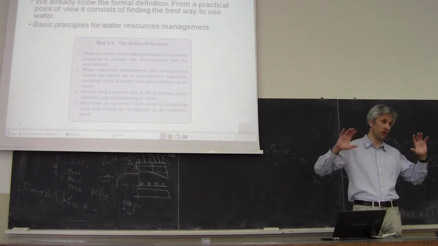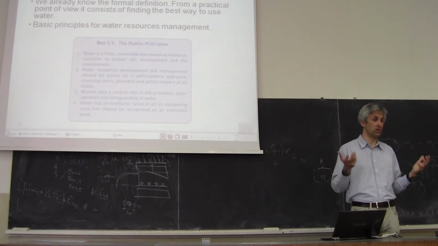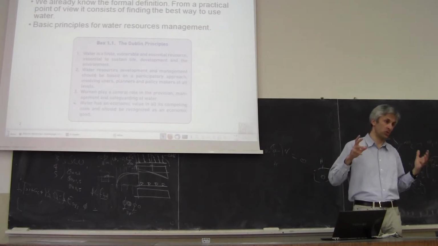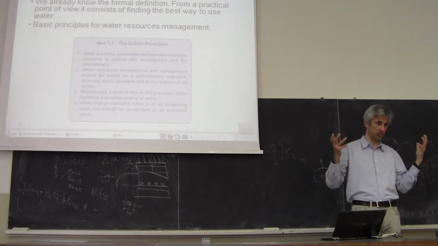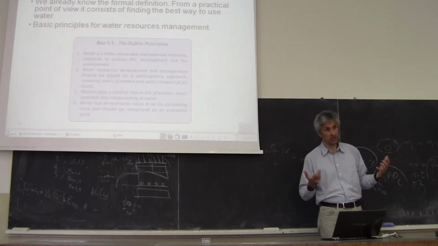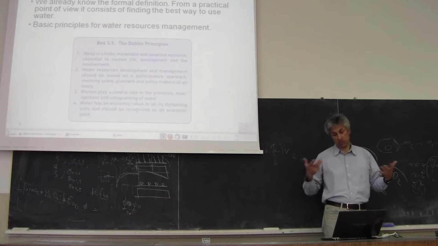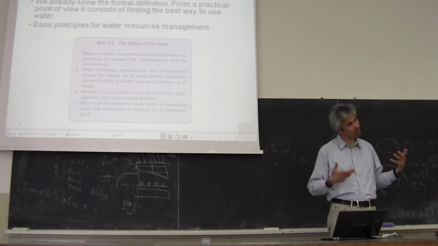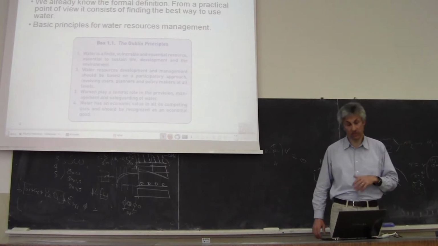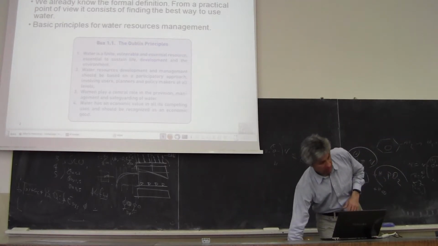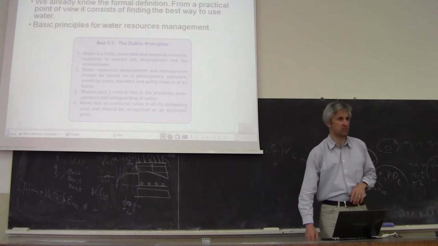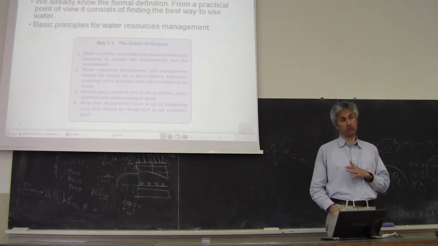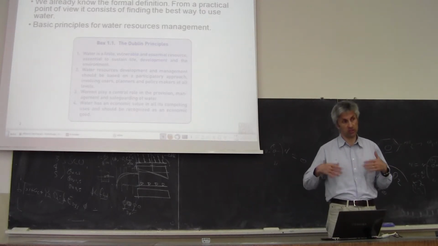If you involve the stakeholders, of course, you increase for sure the complexity of the decision process. You need more time, and sometimes you need to reach compromises which are not always efficient. But this is now an adopted principle. When dealing with water, transparency should be ensured.